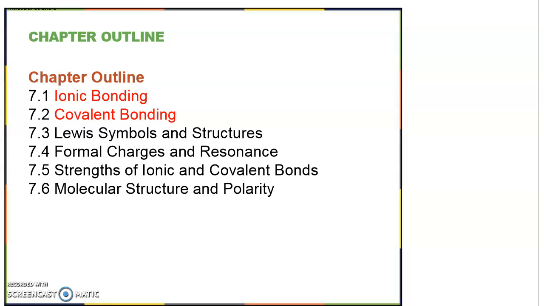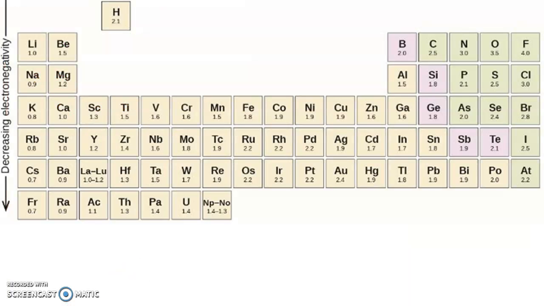In this video, you will learn about ionic bonding and covalent bonding. Earlier this semester, what we were told was, for a binary ionic compound, how do we make that?